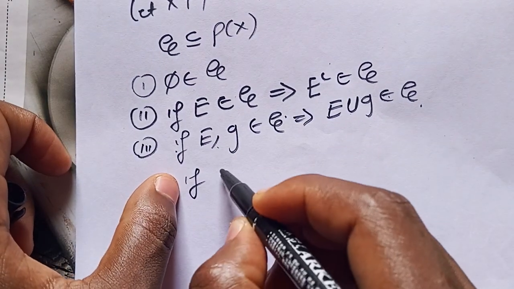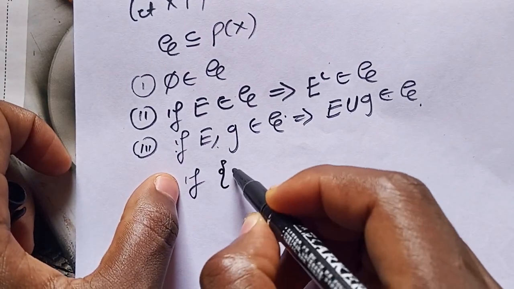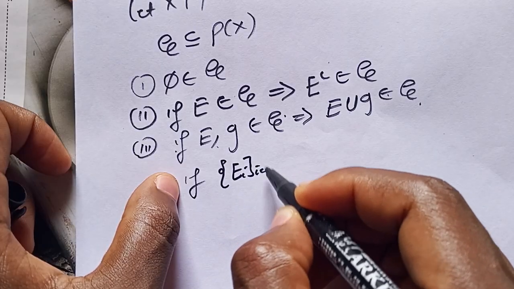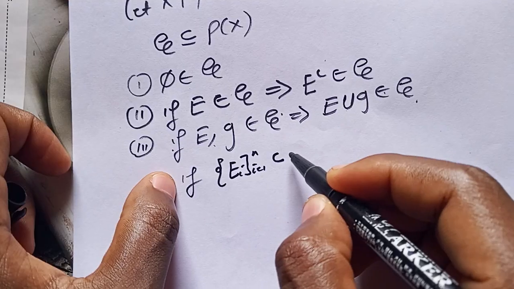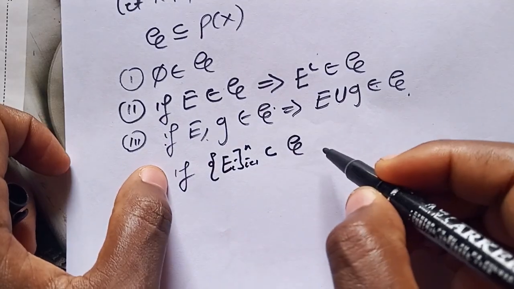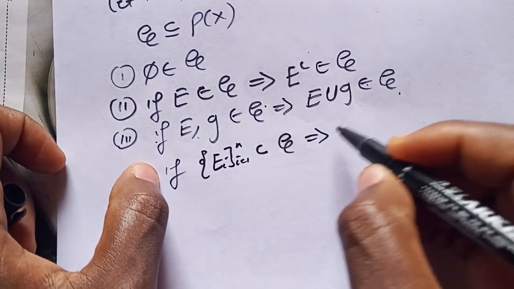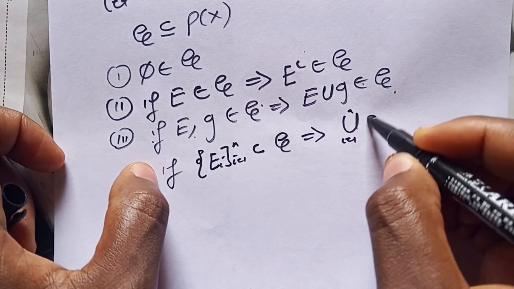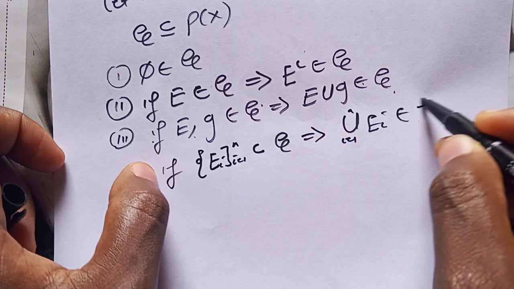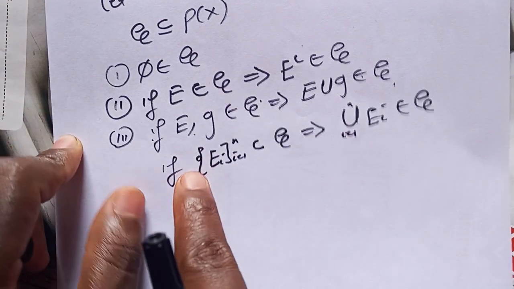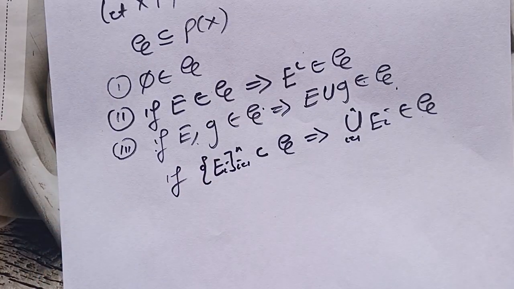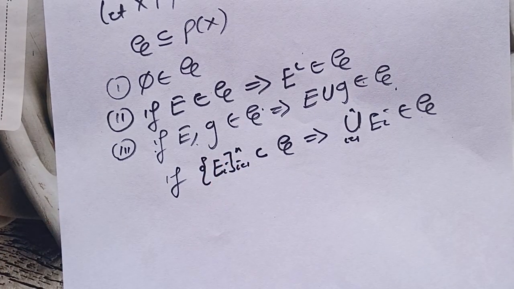Sometimes you might see it written as: if a finite sequence E_i, for i equal to 1 to n, is a subset of this class, then this implies that their finite union over i equal to 1 to n of E_i is also in this class. This is also an extension of condition 3, which is the same thing. So this could be a sequence or a set.